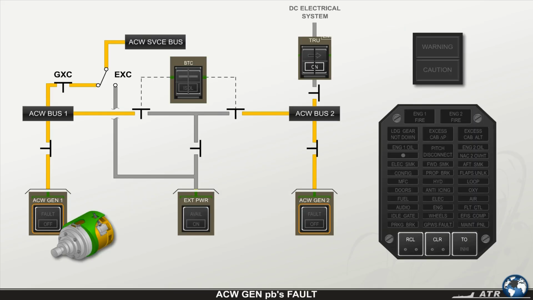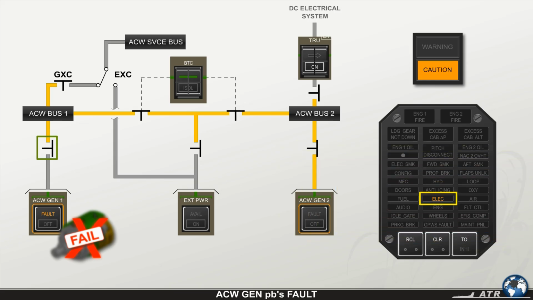In case an AC wild generator fails, the respective generator control unit disconnects the affected generator from the electrical network and the CCAS is activated. The amber master caution flashes. A single chime is generated, and the amber electrical indication on the CAP indicates the affected system.